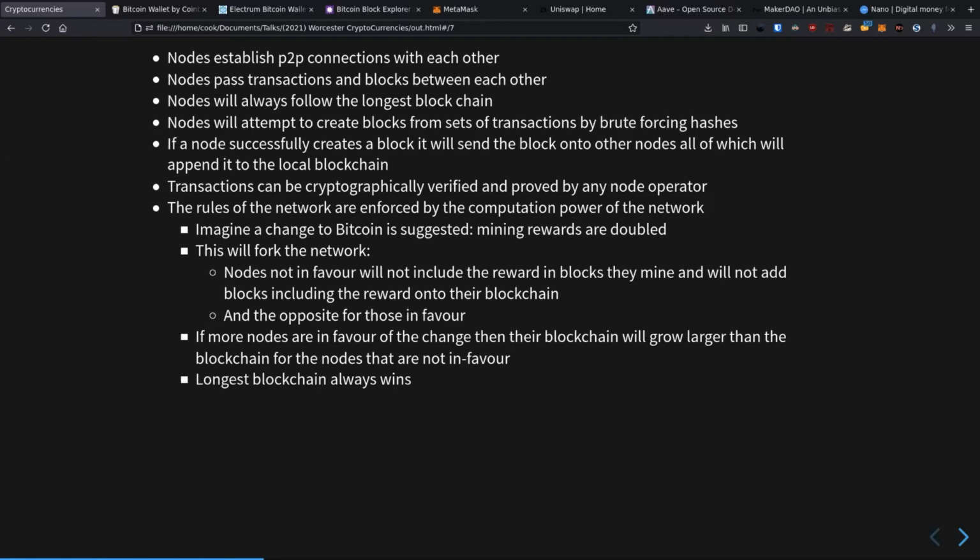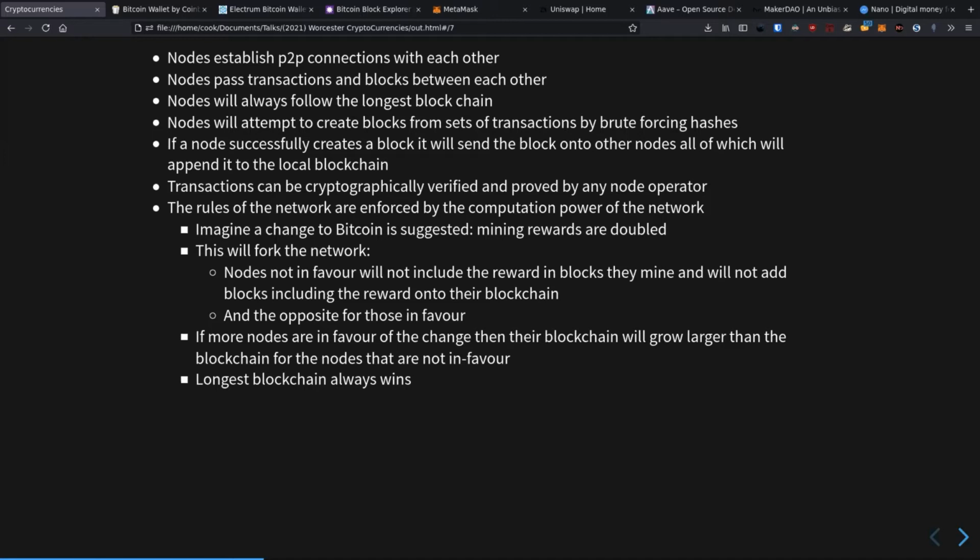Because to add new blocks to the blockchain, you have to calculate hashes, which is expensive. So as long as you have the longest blockchain, you know that's the one that required the most computer power to generate. And that way, it's unlikely that it is malicious, because a malicious attacker would have to gain huge amounts of computing power in order to generate a blockchain longer than the current blockchain.